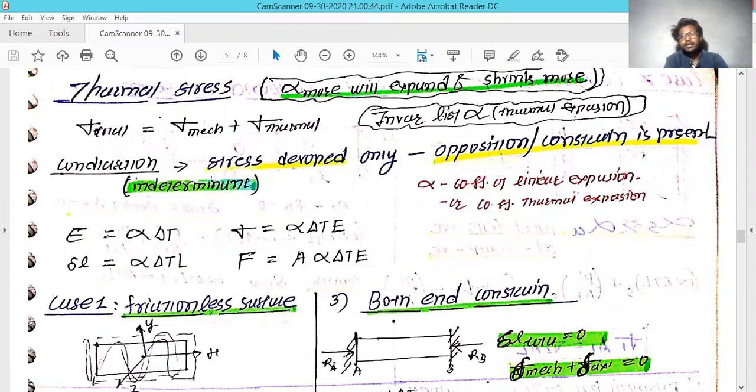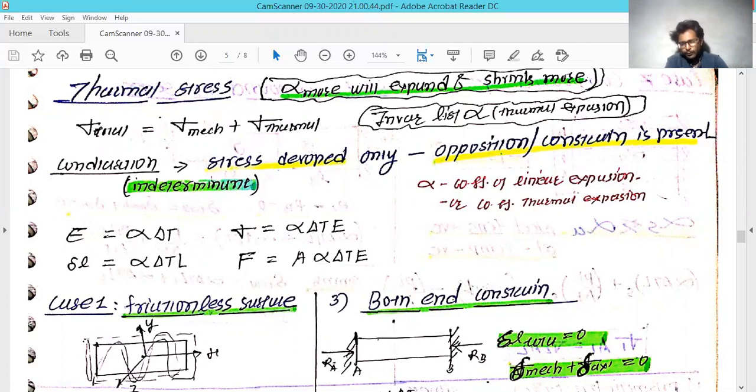Now we move to another very interesting cross section, because this kind of fundamental is applicable in each and every material. So what will happen if you put that cross section in high temperature? Most materials expand when placed into a high heat or high temperature environment.